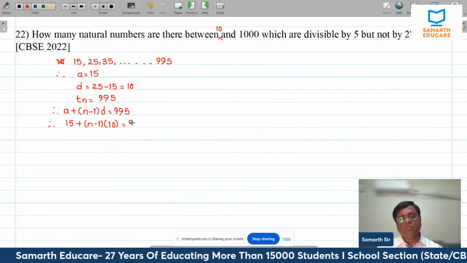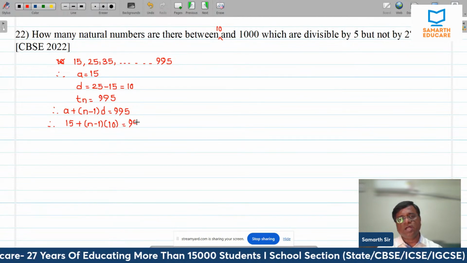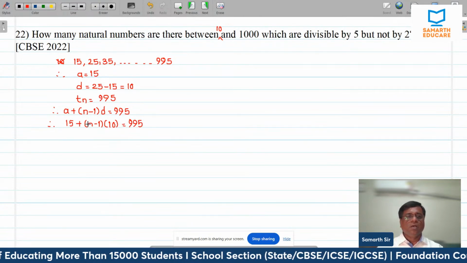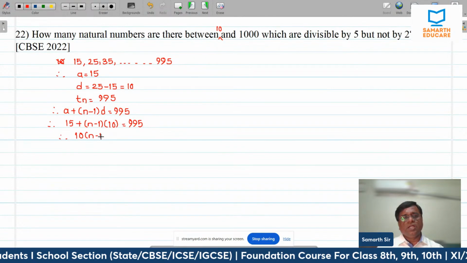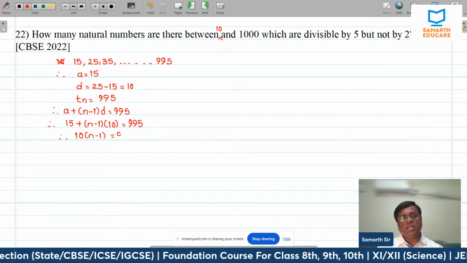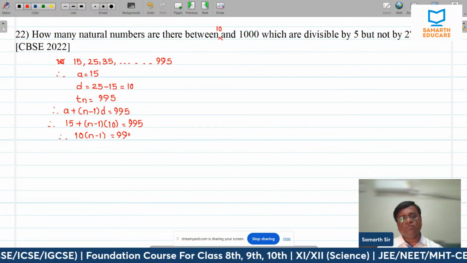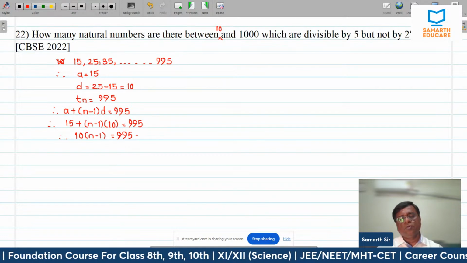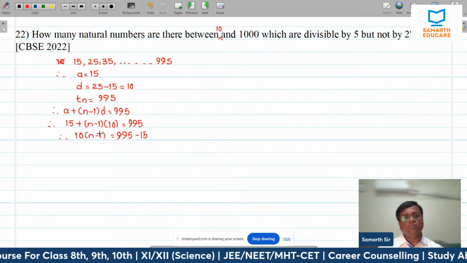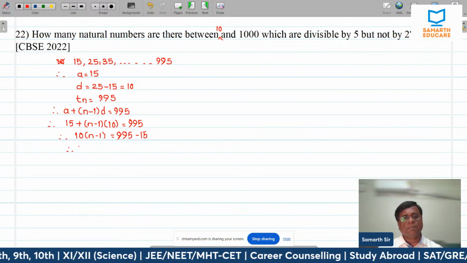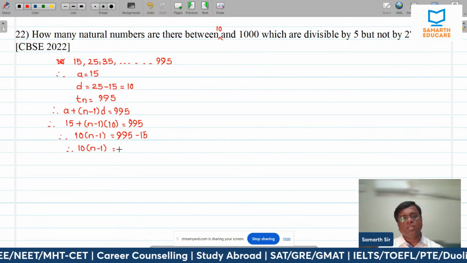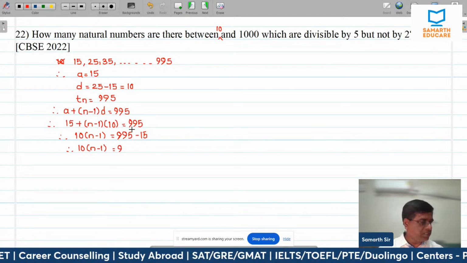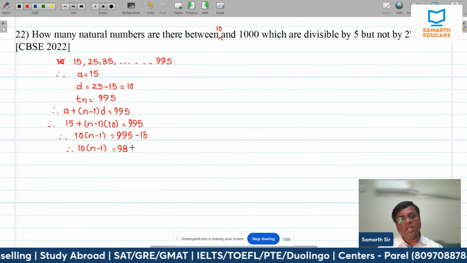This equation can be easily divided by 5, but if you can't do that, let us go with the basic things. 995 minus 15 will be 10 into n minus 1. 995 minus 15 is 980.